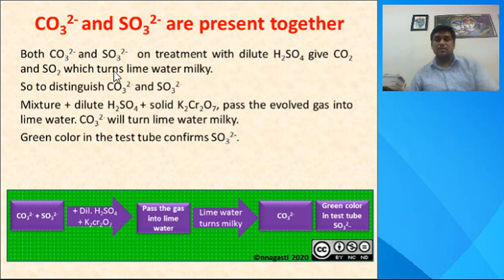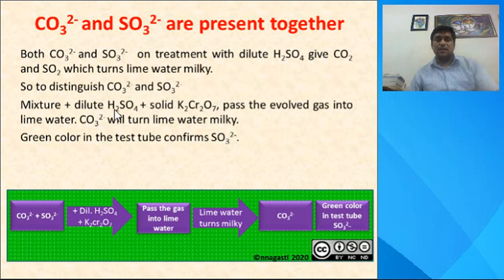So in such case, how to identify both the anions? By simply adding dilute sulfuric acid and applying the evolved gas to lime water is not going to solve the purpose. So we need to employ special tests for this.